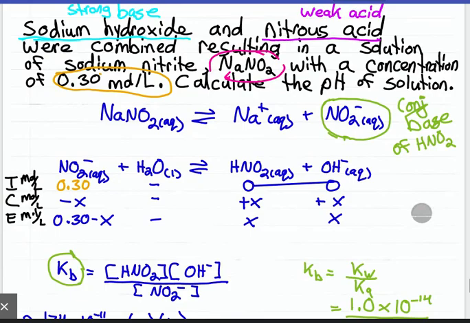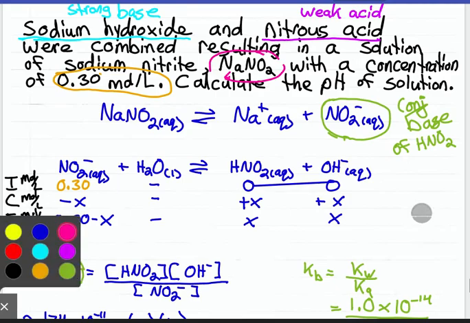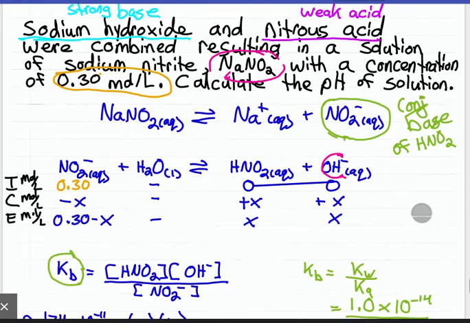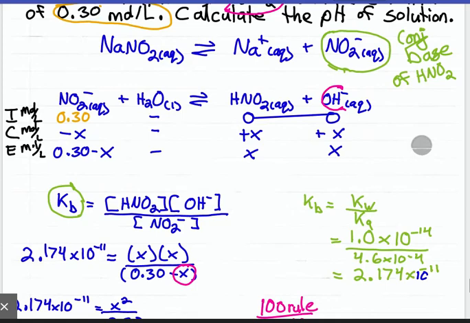So you figure out if you're going to have the hydroxide ions here, or if it's going to be hydrogen ions, based on what you learned in the previous lesson. Okay. Once you get to this point, after that, it's all what we have seen before.